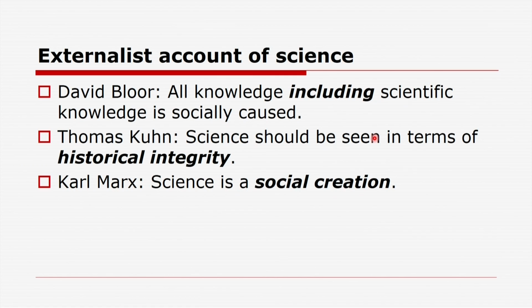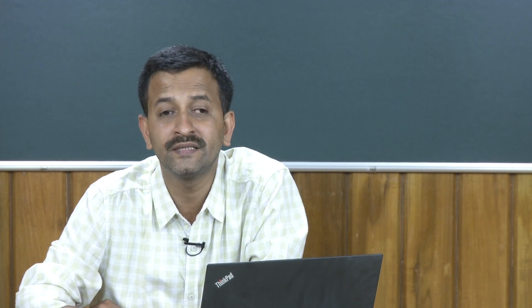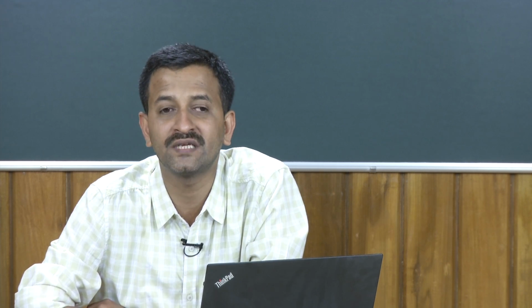David Bloor said in Knowledge and Social Imagery in 1976 that he opposed Mannheim's statement that all knowledge except scientific knowledge is socially and culturally conditioned. Rather, Bloor said, all knowledge including scientific knowledge is socially caused.